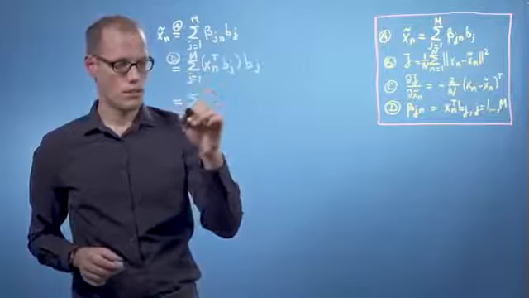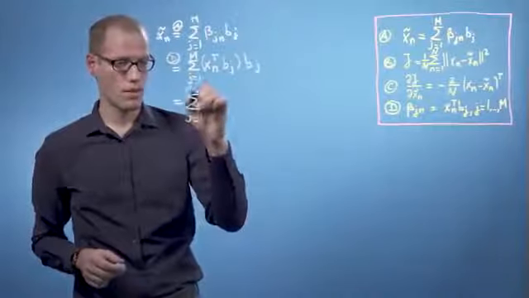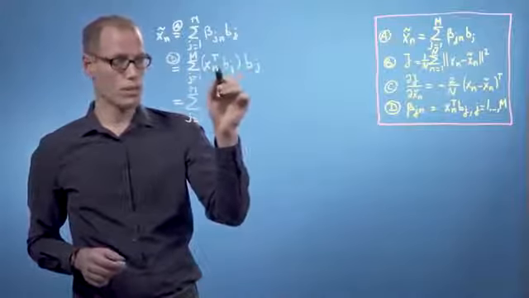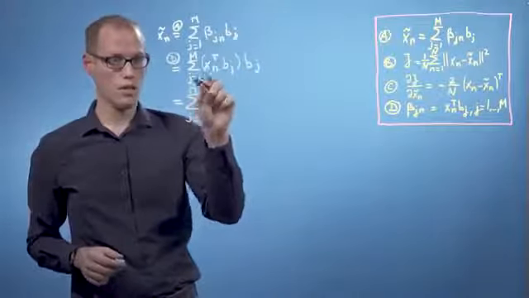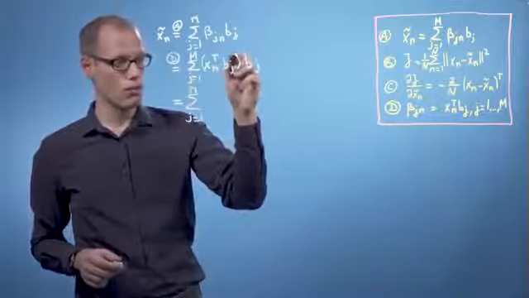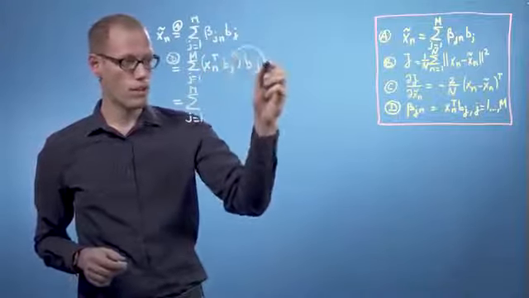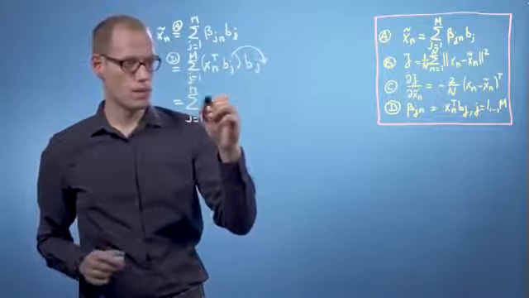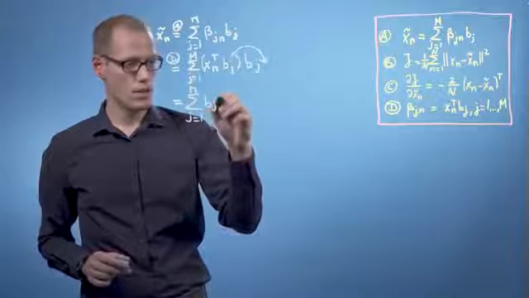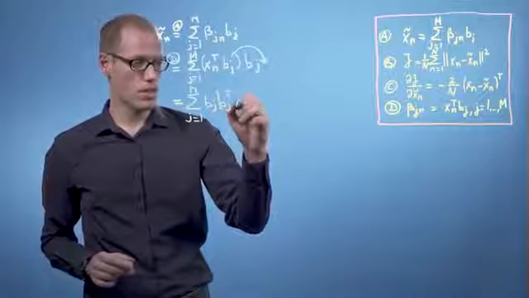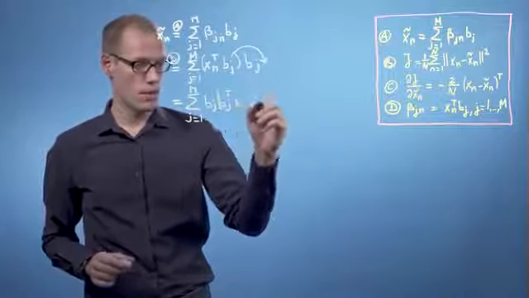Now we rewrite this in the following way. This is just a scalar, or dot product in this particular case. Dot products are symmetric, so we can swap the order. And we can also move the scalar over here. So what we end up with is bj times bj transpose times xn.